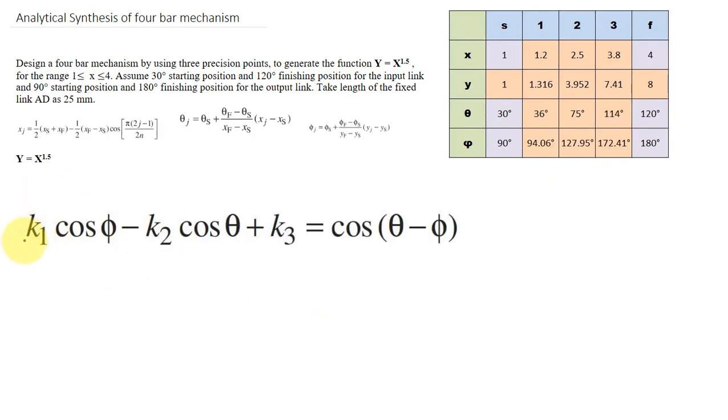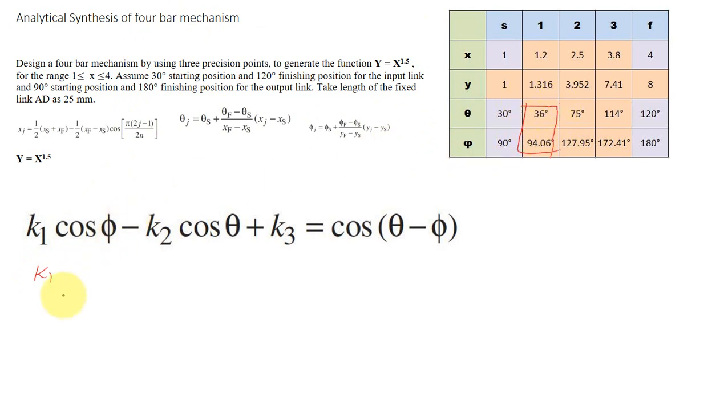You are familiar with this equation. This is actually Freudenstein's equation: k1 cos phi minus k2 cos theta plus k3 is equal to cos (theta minus phi). With these values, we have to write three equations. For the first equation, I am using these values.